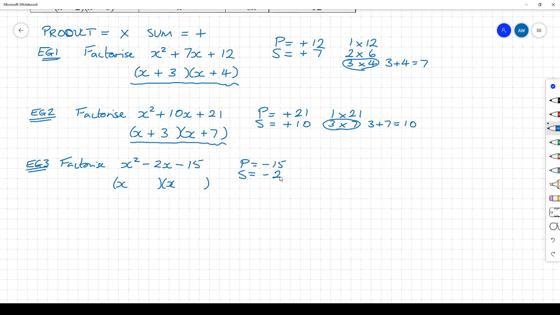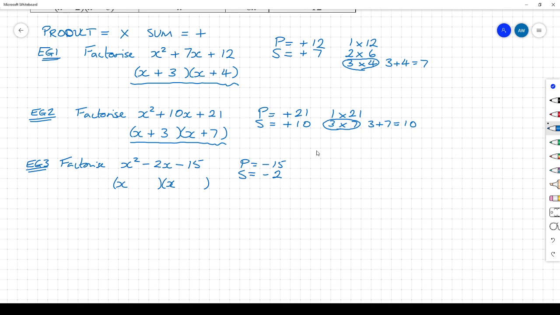Now, if we're going to multiply two numbers together and we get a negative answer, then we know one of them is plus and one of them has to be minus. You're only going to get a negative answer when multiplying two numbers if one of them's plus and one of them's minus.